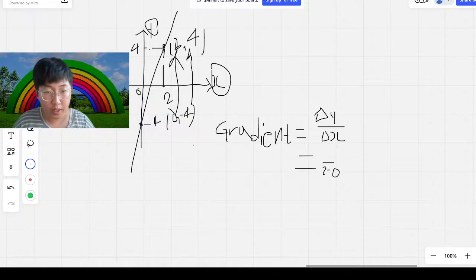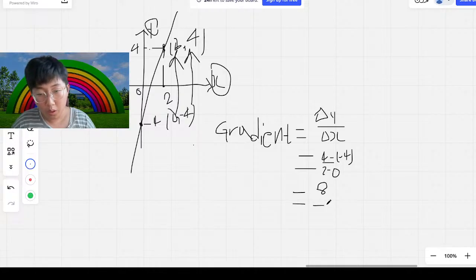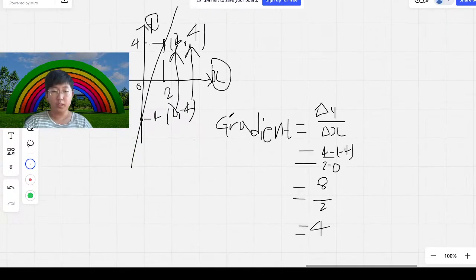And then from here to here, y has increased from -4 to 4, which is 4 minus -4, which gives us 8 over 2, which means the gradient is 4. So it shows that the line is pretty steep, because just one unit change of x gives us 4 increase in y.